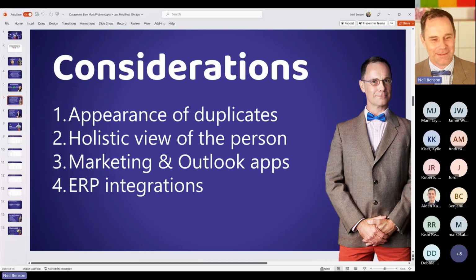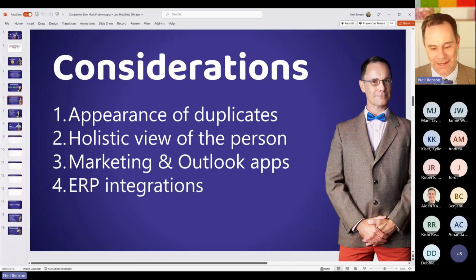Yeah, okay, great stuff. When we think about solving the problem, there's a couple of considerations we need to have in the back of our mind when we're trying to design a way out of this challenge. One is the appearance of duplicates. There are 14 Elon Musks in my sample data, but users don't want to handle duplicates, right?